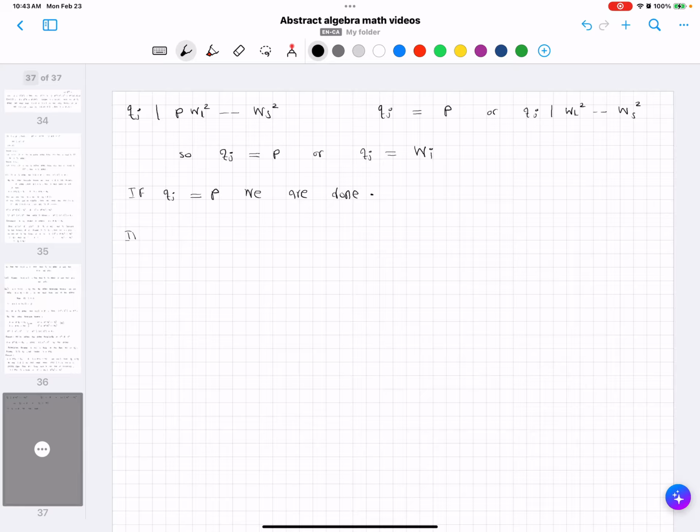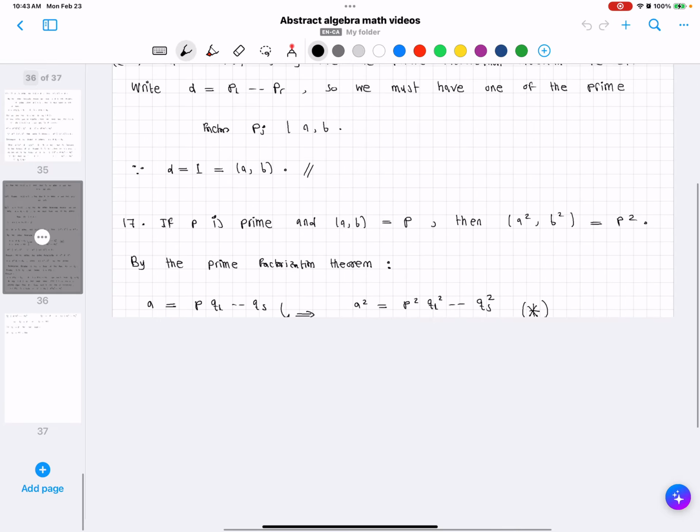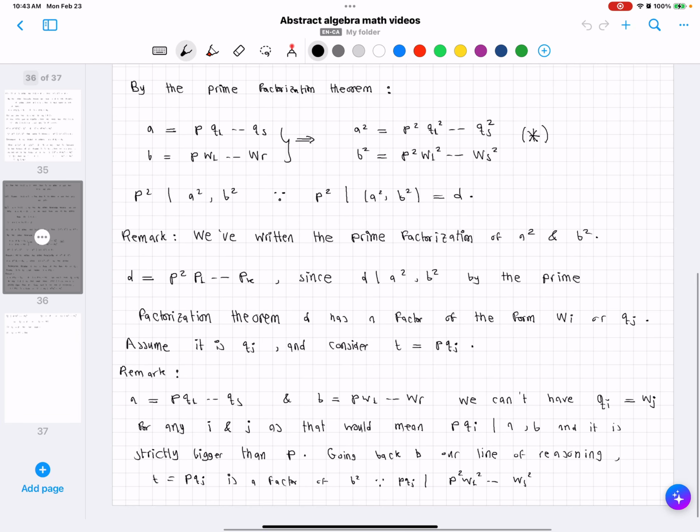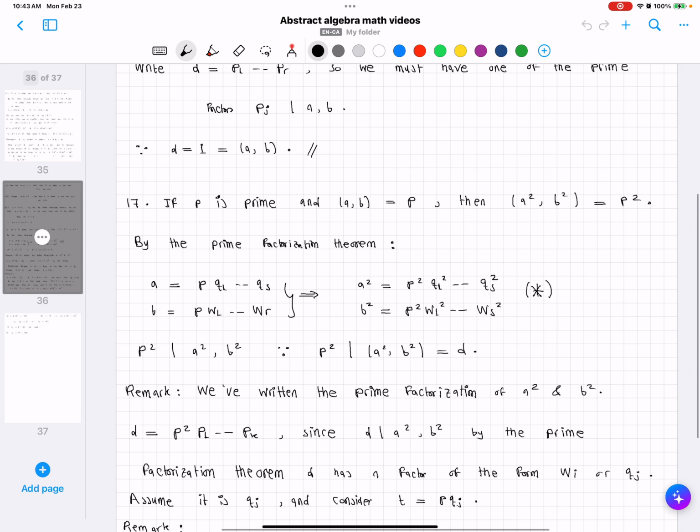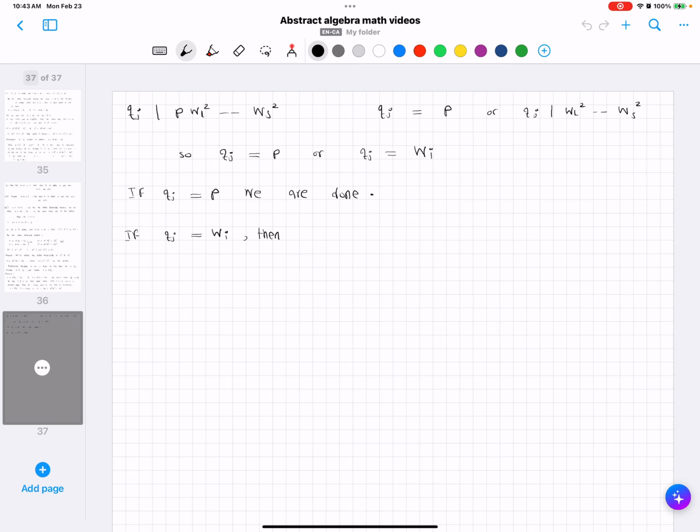If Qj is equal to Wi, then this forms a contradiction, and the reason is by our line of reasoning that we said we cannot have any of the prime factors of A and B being equal to each other other than P. Then we get a contradiction.